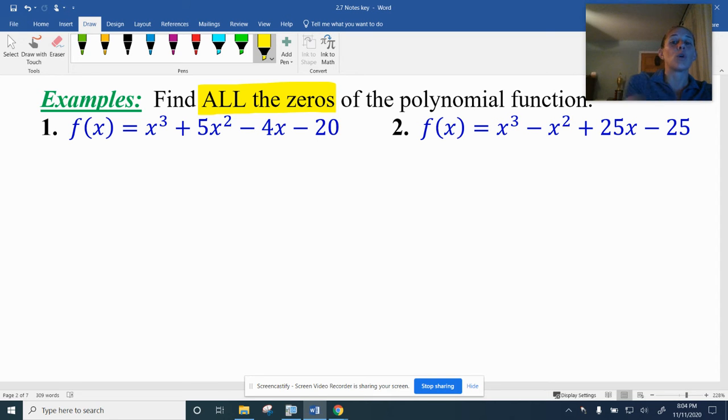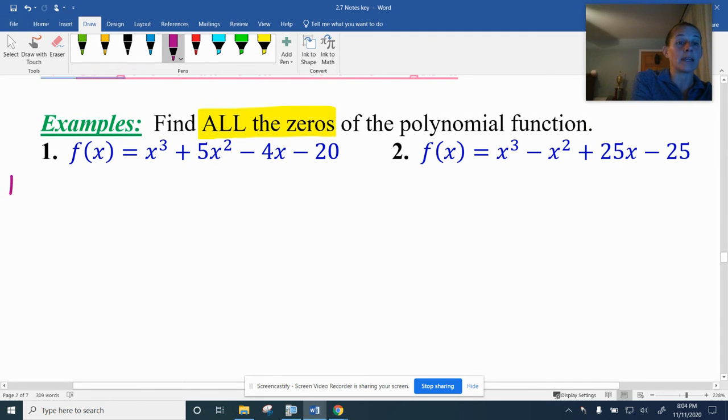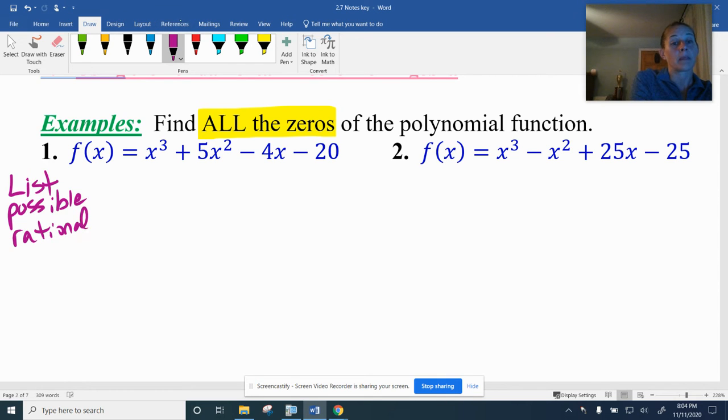Okay. So when we're finding zeros, if we're not given something to start out with, the two options are, one, to find our list of possible rational zeros. And if you remember, that list was basically your factors of your constant.